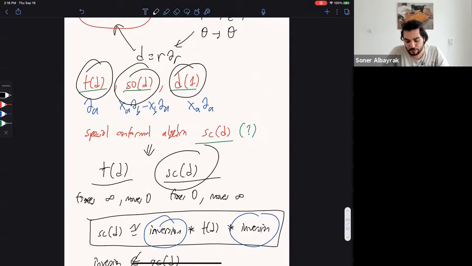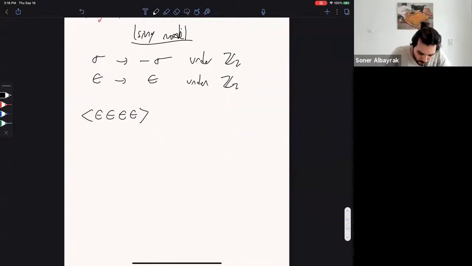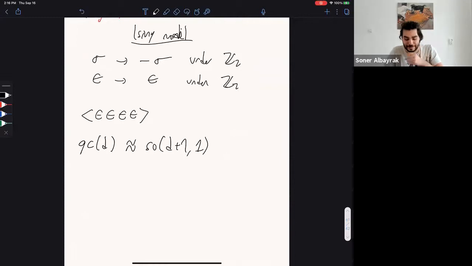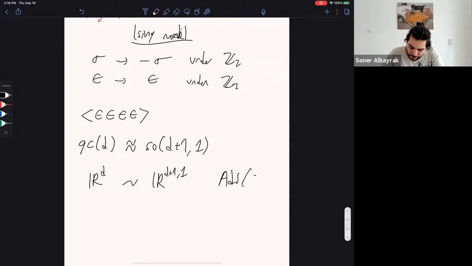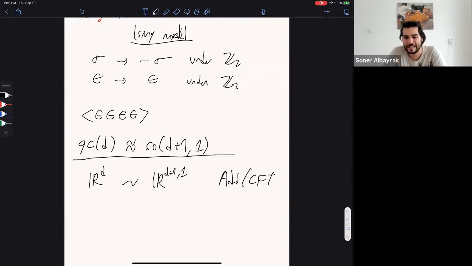In fact, the conformal group in D dimensions, in R^D, is isomorphic to SO(D+1,1), which is why there is AdS/CFT in the first place. Because the isomorphism matches. This is not sufficient, but it is necessary. We have this isomorphism at the level of algebra and at the level of group.